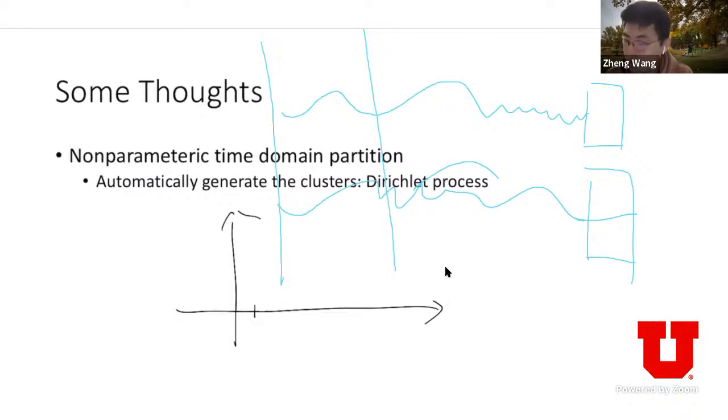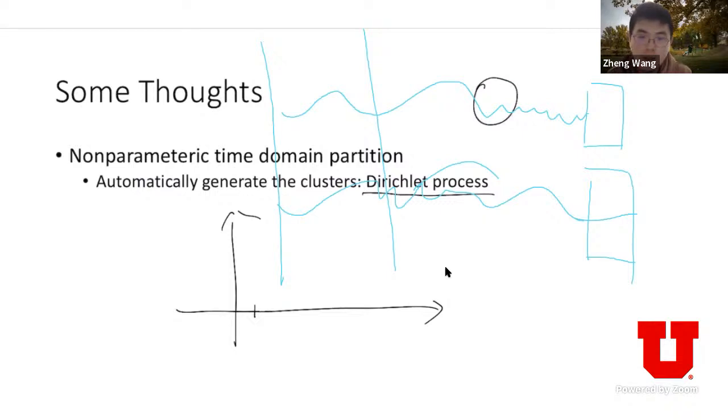That's why I mentioned the Dirichlet process here, because there is a famous example of Dirichlet processes called the Polya urn. You just pick a ball from a bag.